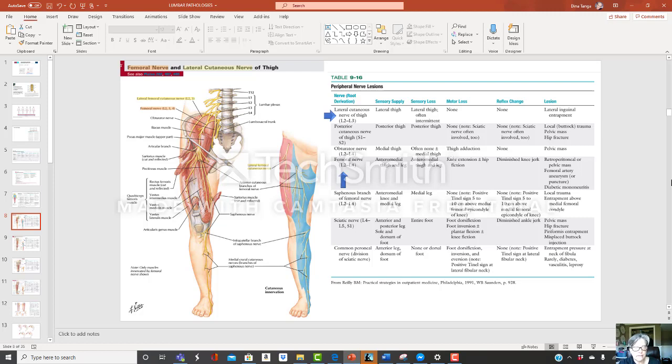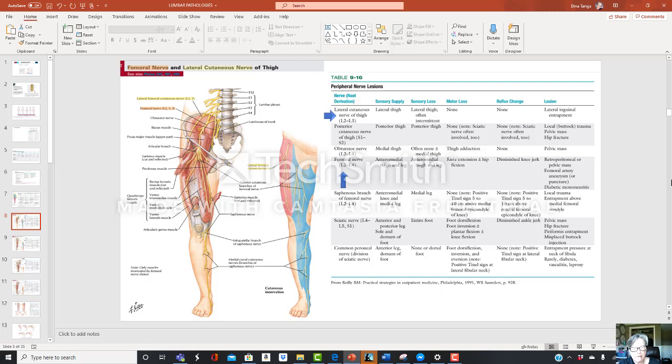In the picture, the leg on the right, in the pink, you can see that the sensory supply is the lateral thigh. Sensory loss is going to be lateral thigh, often intermittent, comes and goes. No motor loss, no reflex change. And the lesion is going to be the lateral inguinal entrapment.